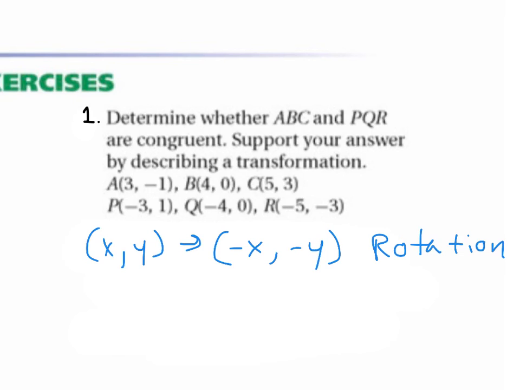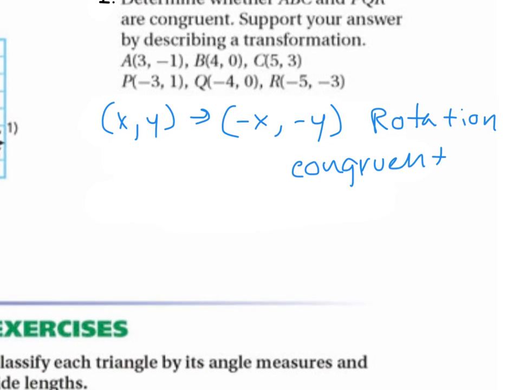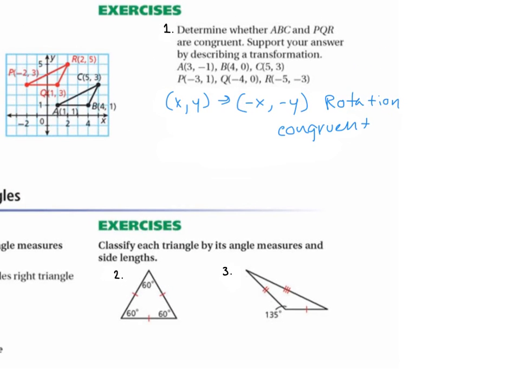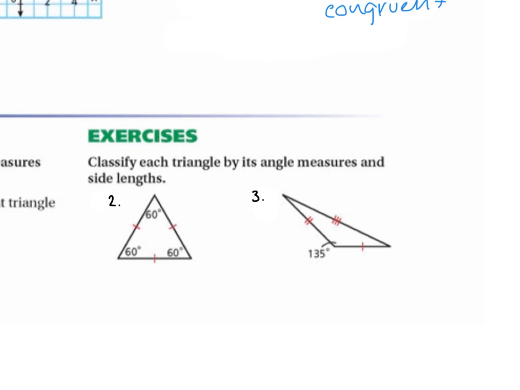So if it's not a dilation, we know that they're congruent. So since it's a rotation, it's congruent. Remember, translation is when you're adding or subtracting to the x and y. But translations are also congruent too.